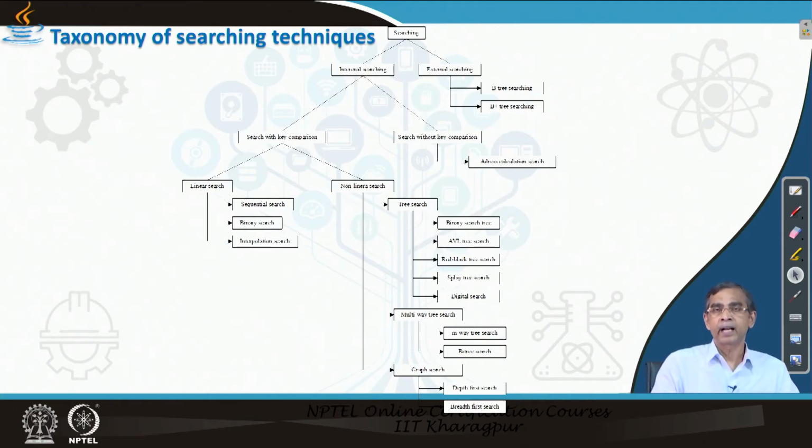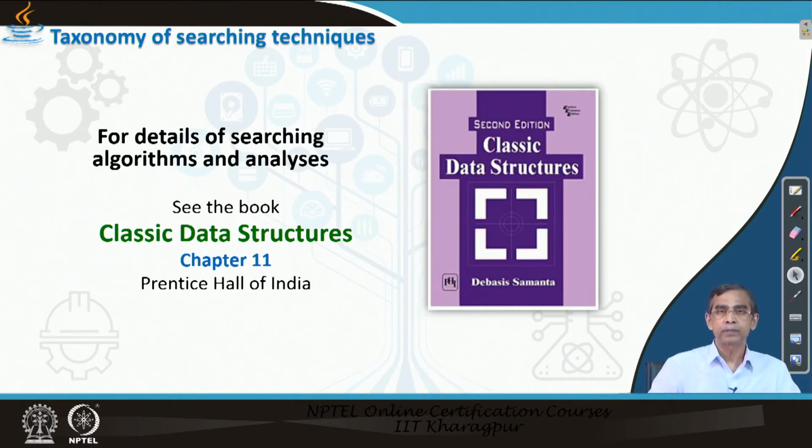Again, if the data is stored in the form of a graph, some searching techniques also can be applied. Two searching techniques are very popular, depth first search and breadth first search. So there are so many searching techniques known. However, in this course, it is not possible to discuss all of them.